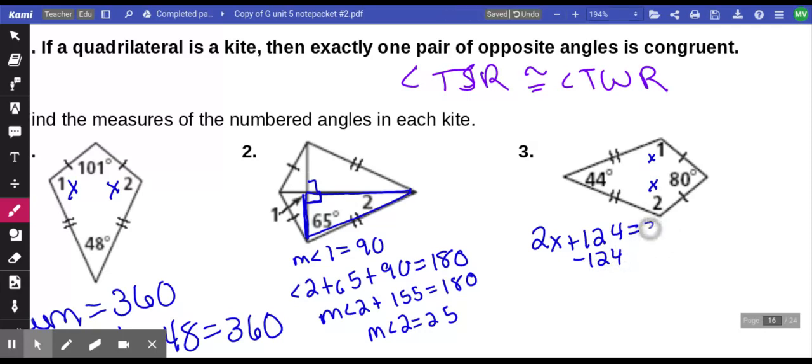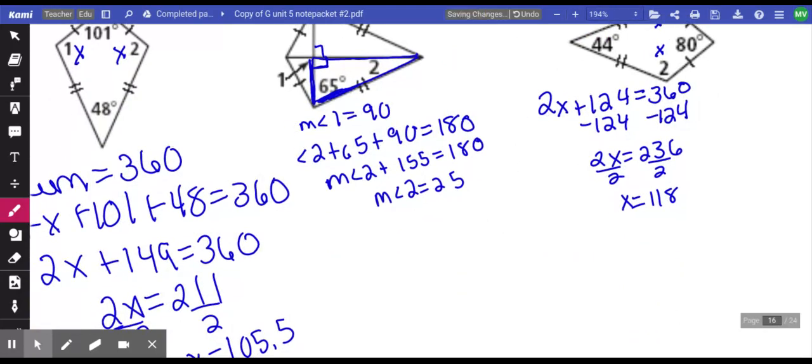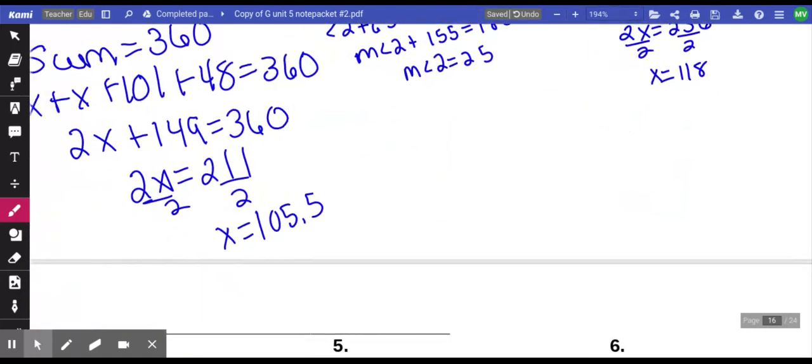It equals 360. Subtract 124 because it's a quadrilateral. Number 2, I used 180 because I was focusing on just part of it, which was only a triangle. So 360 minus 124 equals 236. So 2x equals 236. Divide both sides by 2. And x equals 118, which is angle 1 and angle 2.